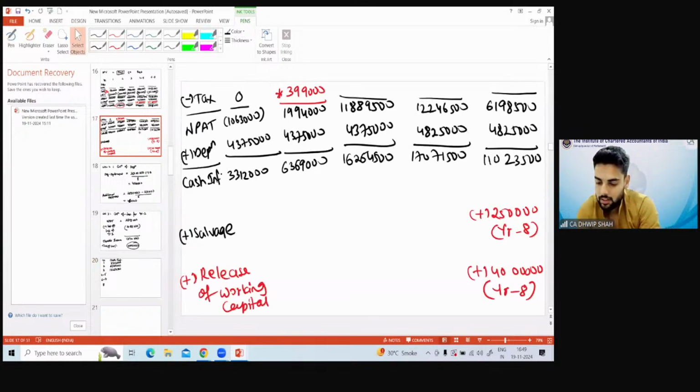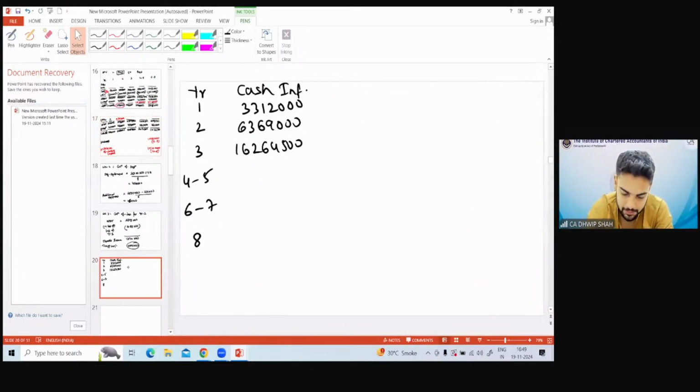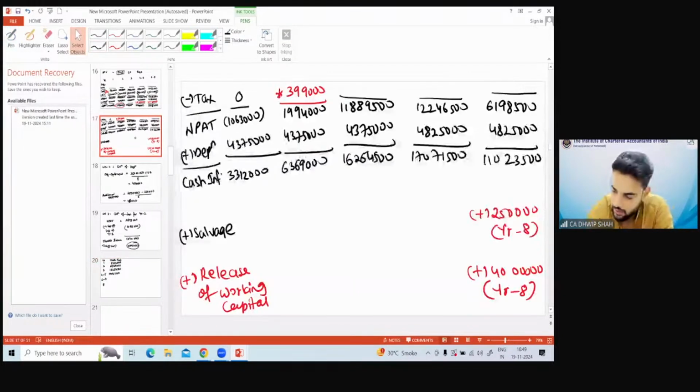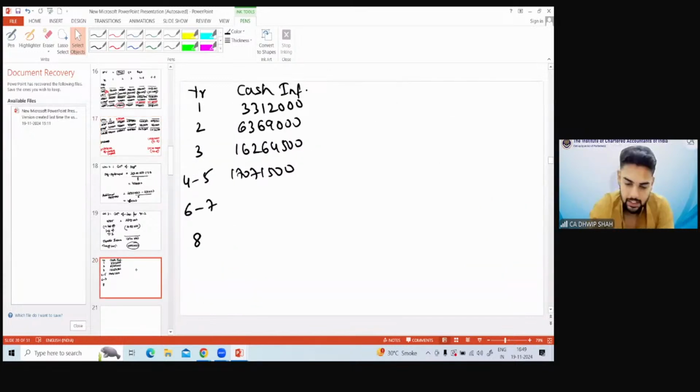So you have to interpret like this, that in year 4th company has earned 170,71,500, and in year 5 also company has earned 170,71,500.